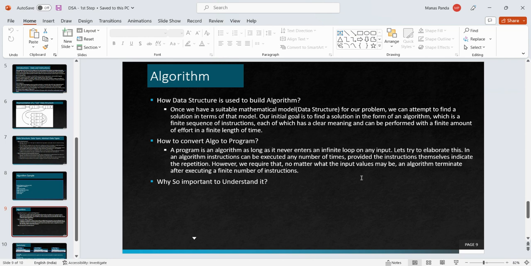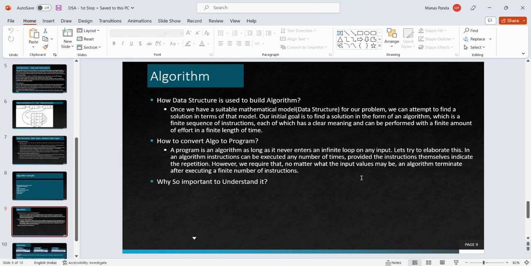And why is it so important? Whenever you write a program, or start a solution around it, always remember, for your note purposes at least, to mention the steps you are going to take to solve this particular problem. If you write those down, then when you convert it into any programming language, it will be much easier for you to ensure that it is being converted to a program.